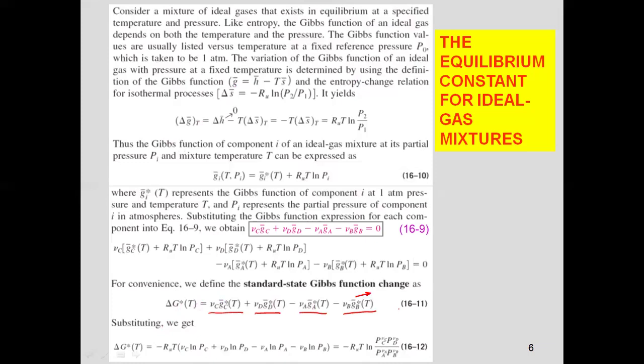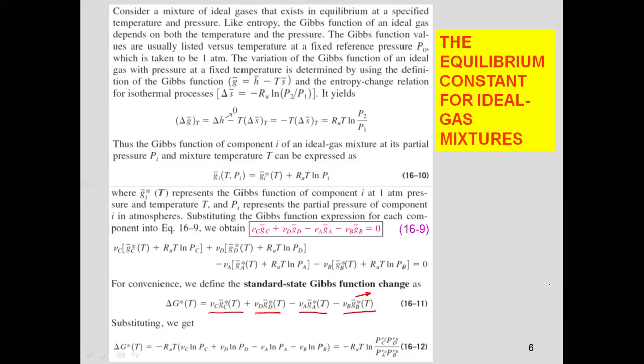Inert means it will not take part in the reaction. Therefore, its number of moles will not change, and its Gibbs function value will not change. So in the total change of the Gibbs function, the contribution of inert gas will be effectively 0.